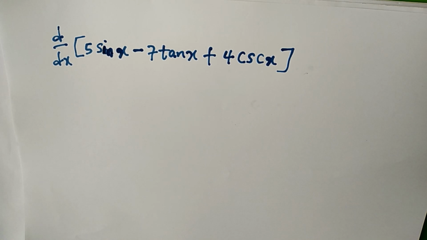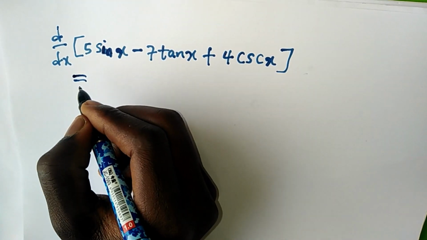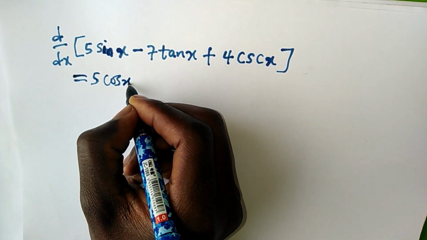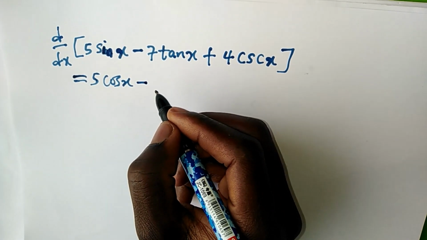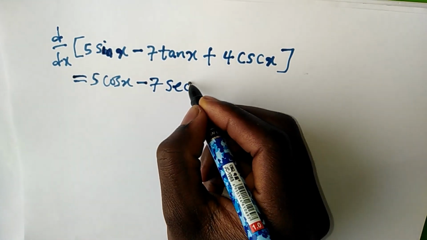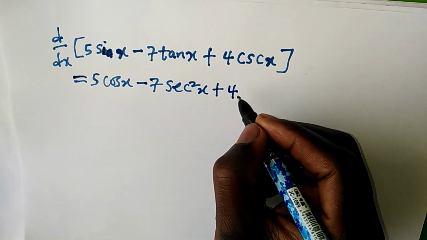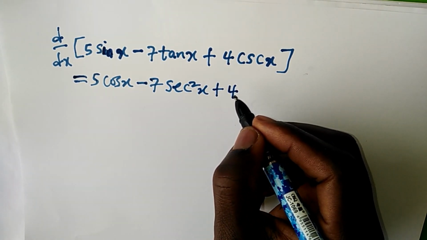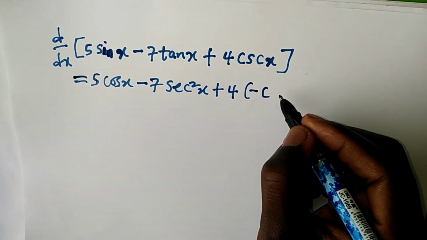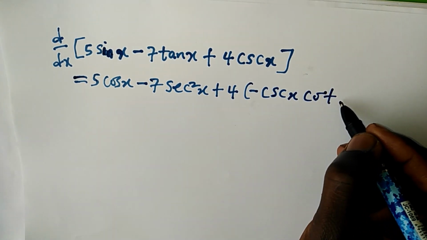Using those formulas we just talked about, 5 sine x gives 5 cos x, minus tan x gives sec squared x, plus cosec x gives minus cosec x cot x.